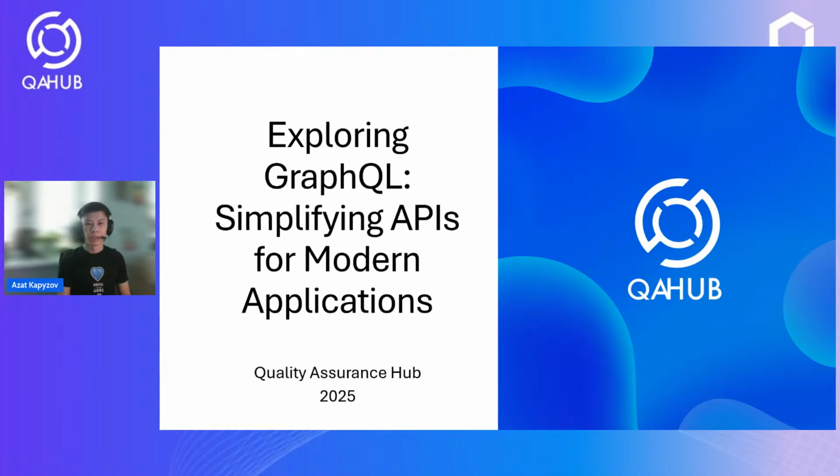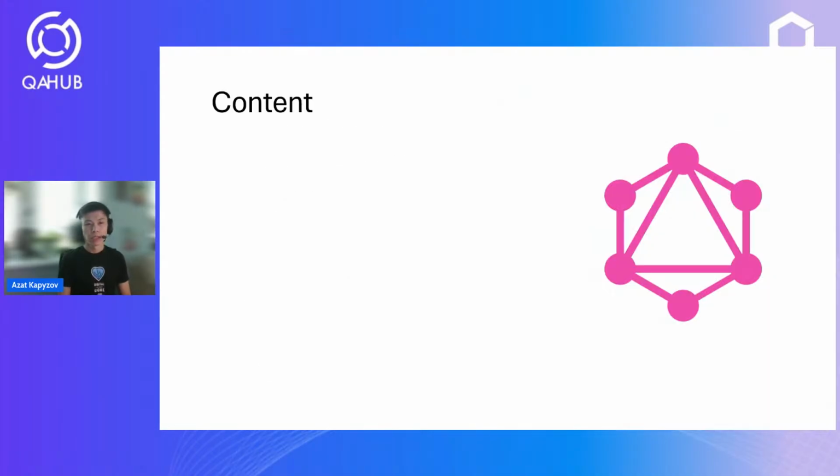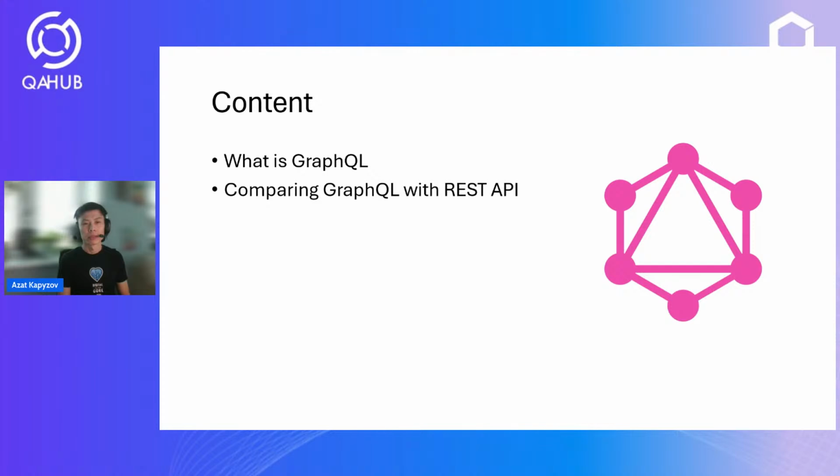Okay, so let me tell you what we are going to talk about today. First of all, we will define what is GraphQL. We will compare it with REST API as the most common API. We will investigate GraphQL query structure.